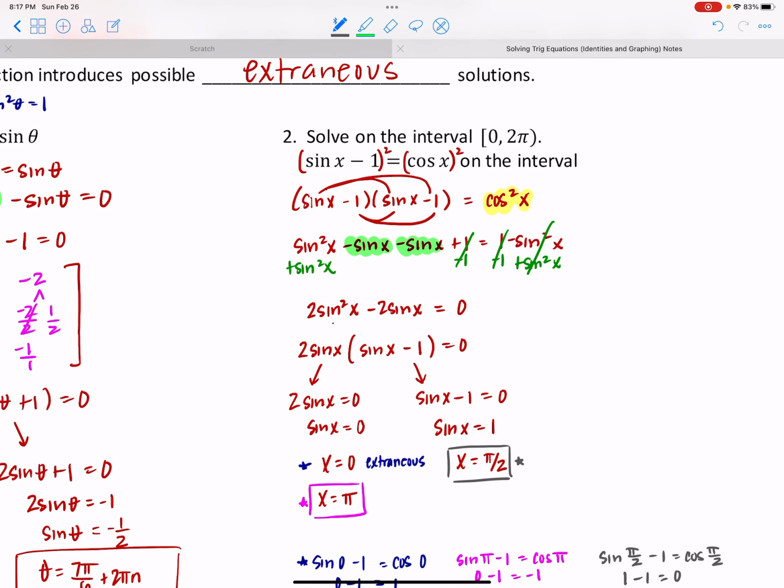All right, let's look at number 3. So number 3, I have multiple trig functions in this equation, but they're not the same, no common factors to factor right up front. So I need to make a substitution. And this is another Pythagorean identity that we can use. Let's see.